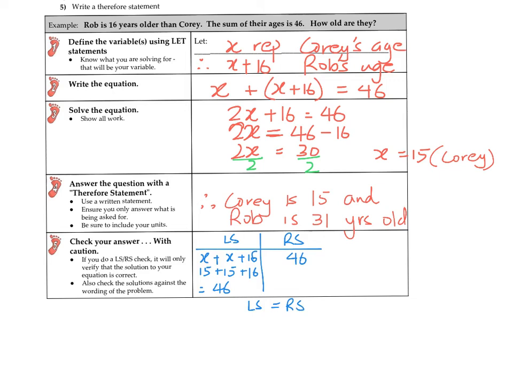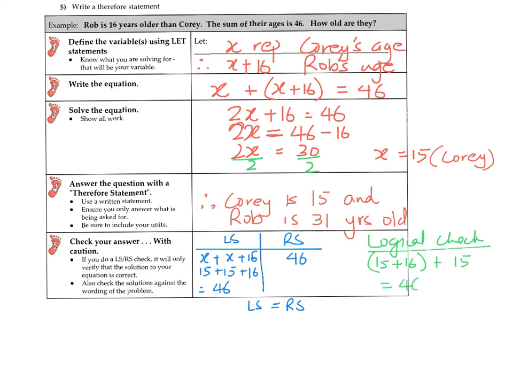We also do a logical check just to make sure that logically this is all making sense. So the logical check would be, since Rob is 16 years older than Corey, and Corey is 15, 15 plus 16 would be Rob's age, plus 15 would be Corey's age.